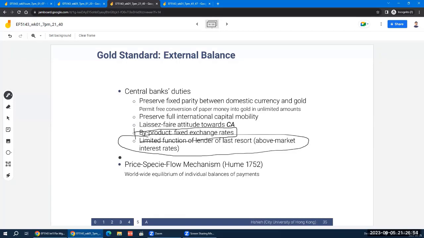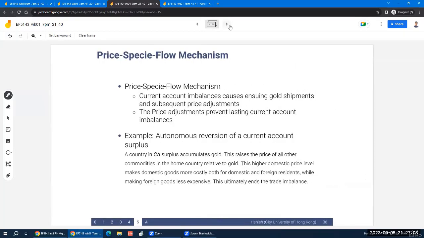Okay, price specie flow mechanism. So how does an international gold standard maintain current account balance across countries that participate in the system? All right, so maybe I'll walk you through an example, and it'll be fairly clear what happens.